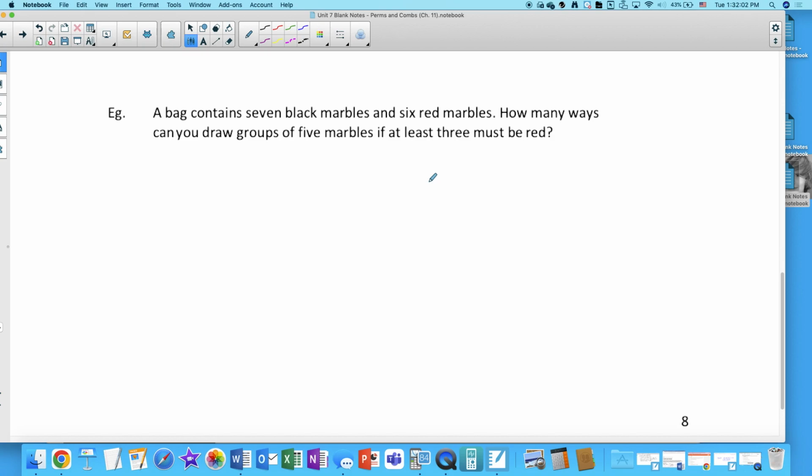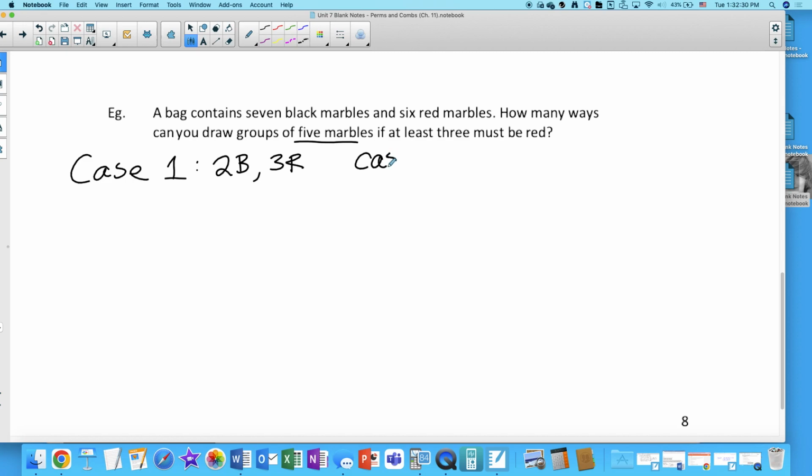So we're drawing 5 marbles. We need at least 3 of them to be red. So let's suppose 3 are red. Then how many black would you have? 2. Right, so 2 black, 3 red.